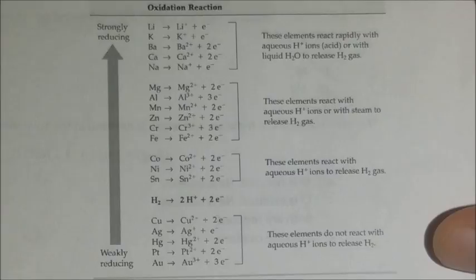So sodium gives up its electron and becomes sodium plus, and the copper takes up that electron and becomes copper 0 as a solid. So now let me just bring up a very important point, and this is going to be really important also for understanding how to interpret these kinds of redox problems.